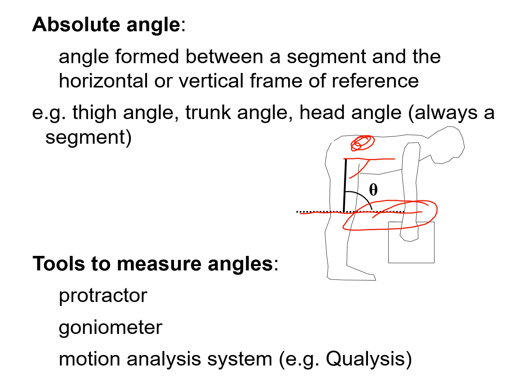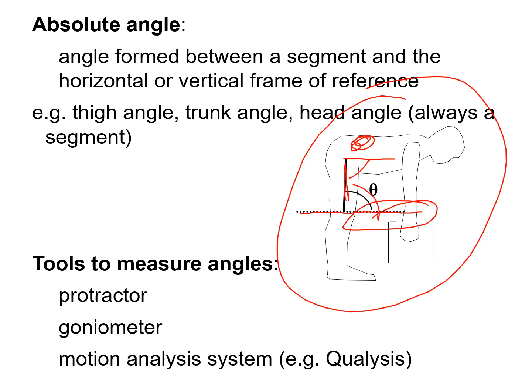Okay, so when we make these measurements, they're always with a segment and our horizontal or vertical frame of reference. And for the tools, you can use a protractor. You can place a protractor on this figure here, and if you remember how to use a protractor, you'd put the straight line here and measure this angle from that line.